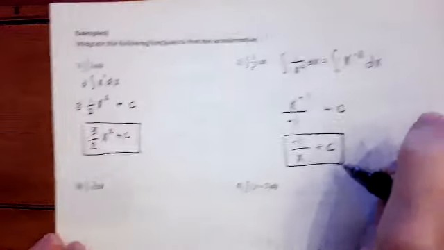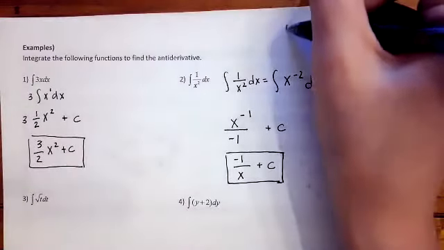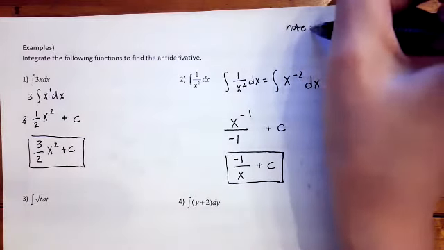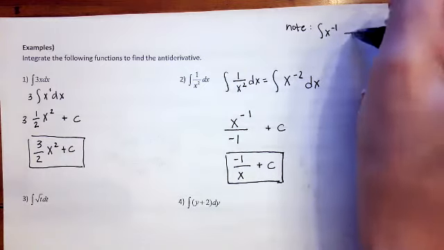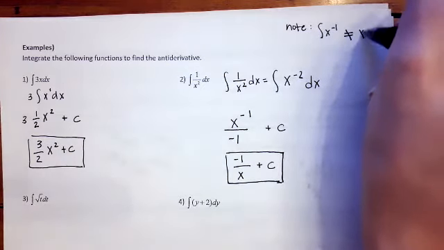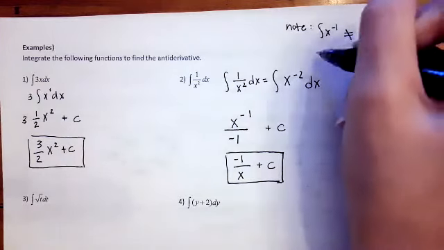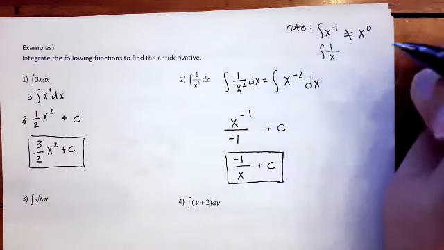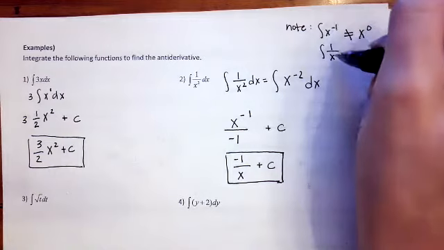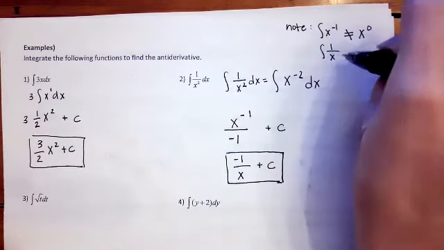Now, it is really important to note that if I have the integral of x to the -1, that is not x to the 0th, okay? x to the -1 is the same as 1 over x.